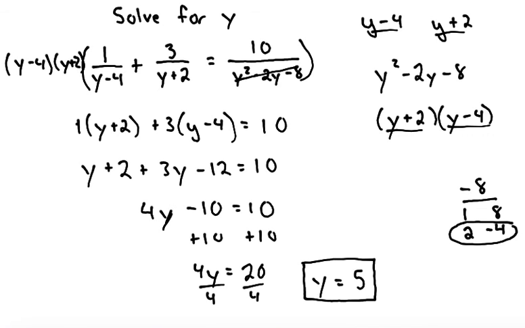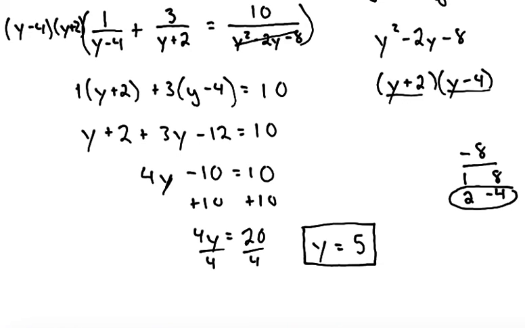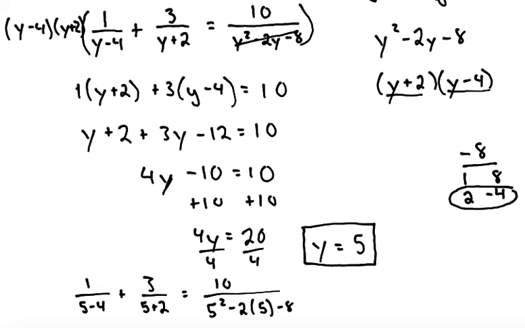Technically, we should plug it back into our original equation to verify that it does work. So if I give myself just a bit more room to plug it in, I get 1 over 5 minus 4 plus 3 over 5 plus 2 is equal to 10 over 5 squared minus 2 times 5 minus 8.